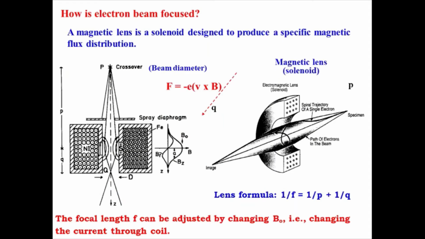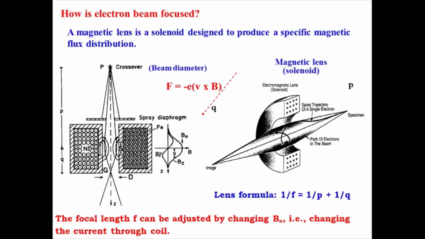And this is the way you can make a fine beam of electrons which are emitted from the gun. So just by applying electric field or magnetic field, because when you apply external electric or magnetic field, the charge will experience a force.